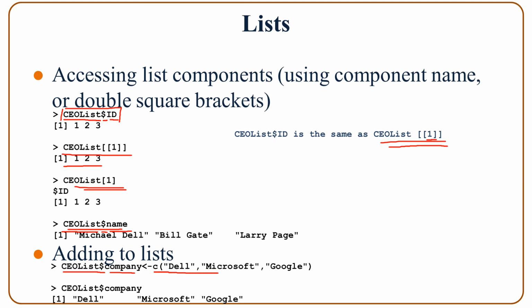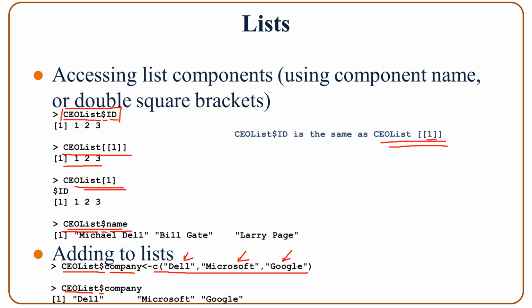There are three company names here. Then if you type in CO list and enter, it shows you all the components, including the new component. And if you want to access the new component, use CO list and the $ sign and the component name, then it shows you the content of the new component.